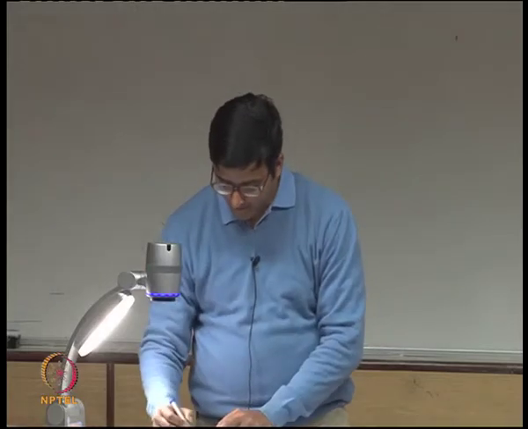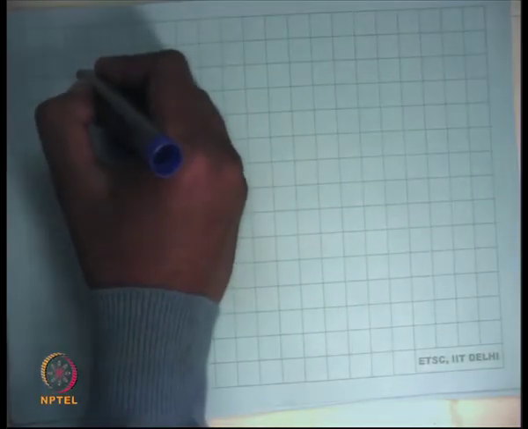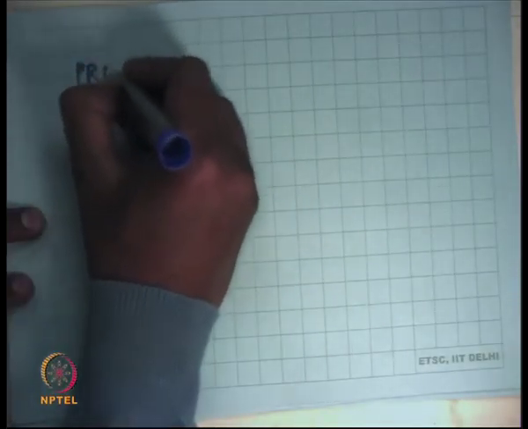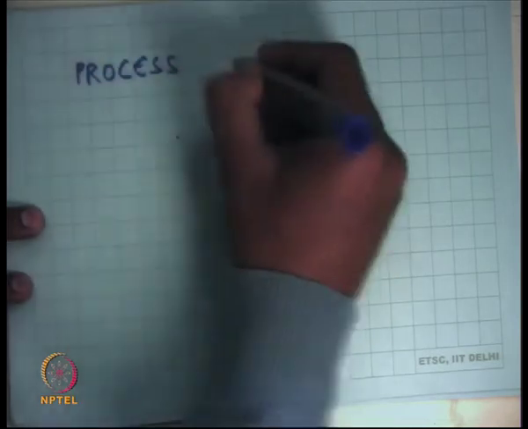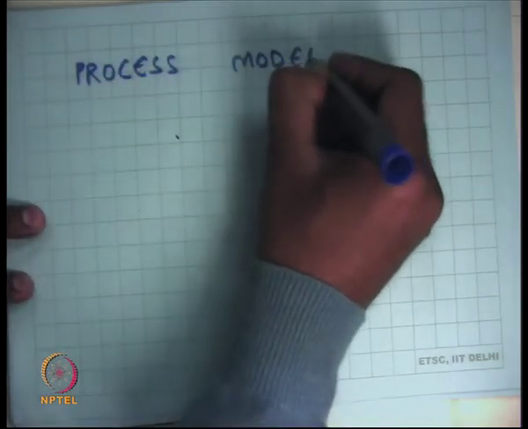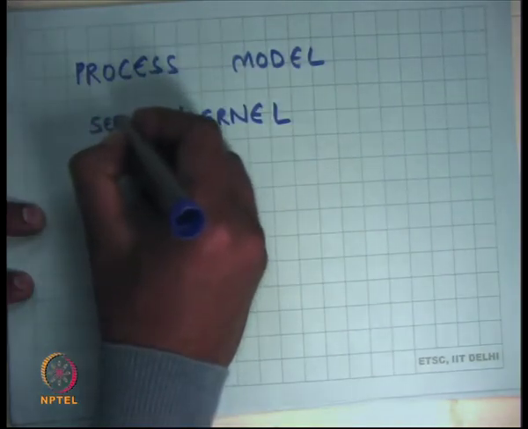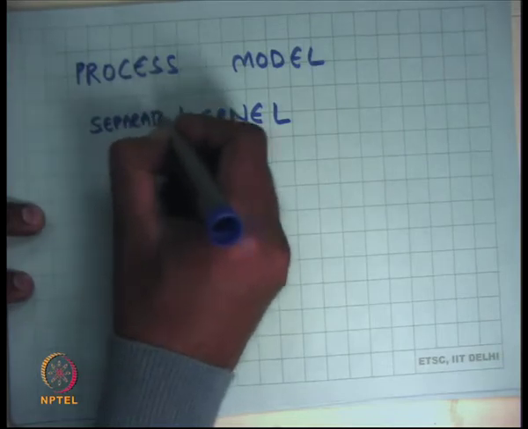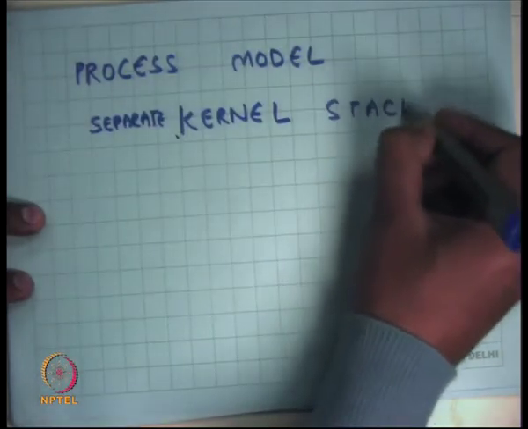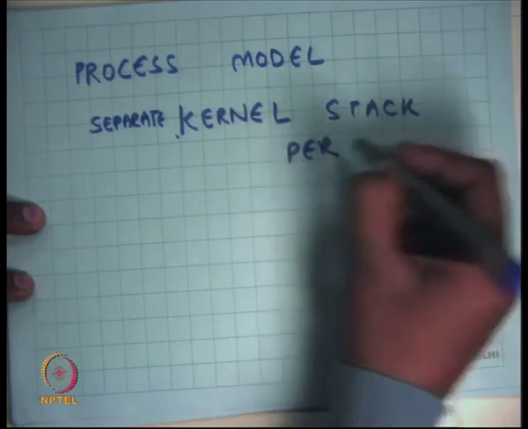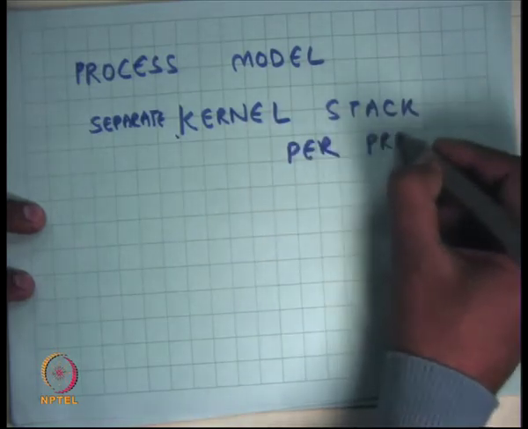So there are two ways a kernel is implemented. One is the process model, where there is a separate kernel stack per process. Right?